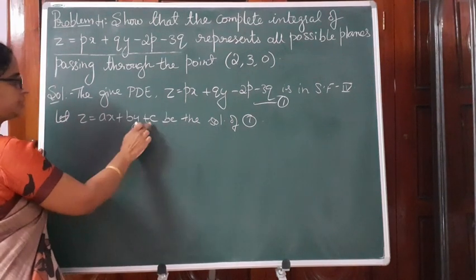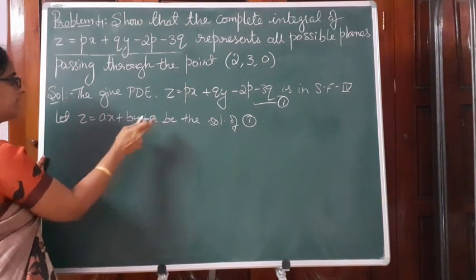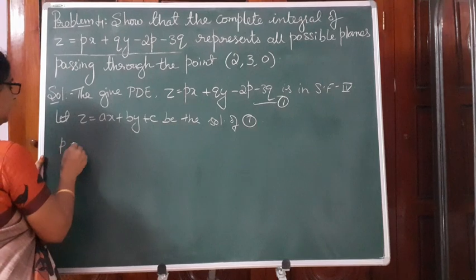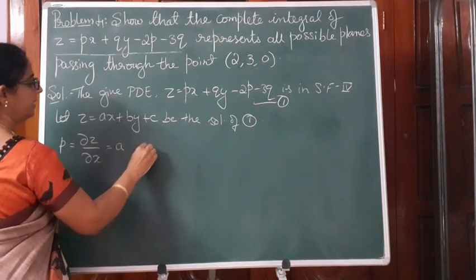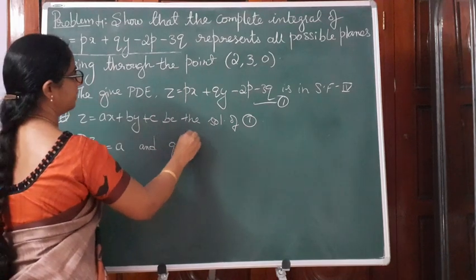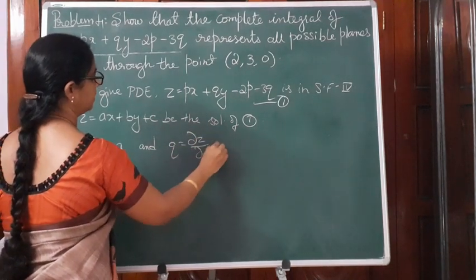Now partially differentiating z is equal to ax plus by plus c with x, we get p, that is dou z by dou x, is equal to a, and q, that is dou z by dou y, is equal to b.